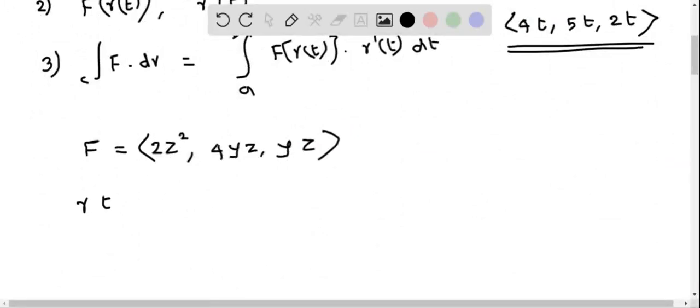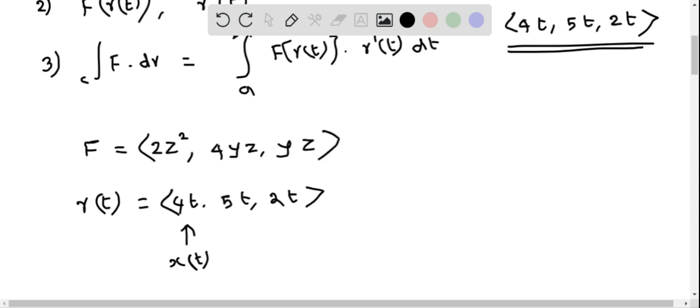I'm copying the r of t, which is equivalent to 4t, 5t, and 2t. So basically I have to substitute. The first term represents the x of t, the second term represents the y of t, and the third term represents the z of t.